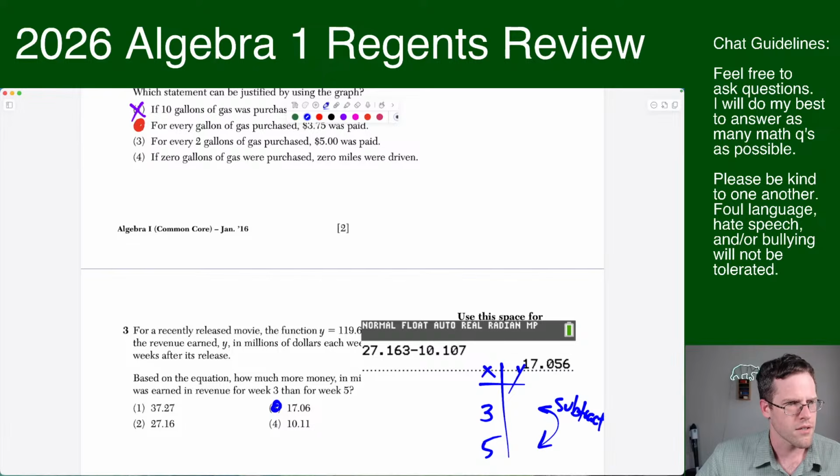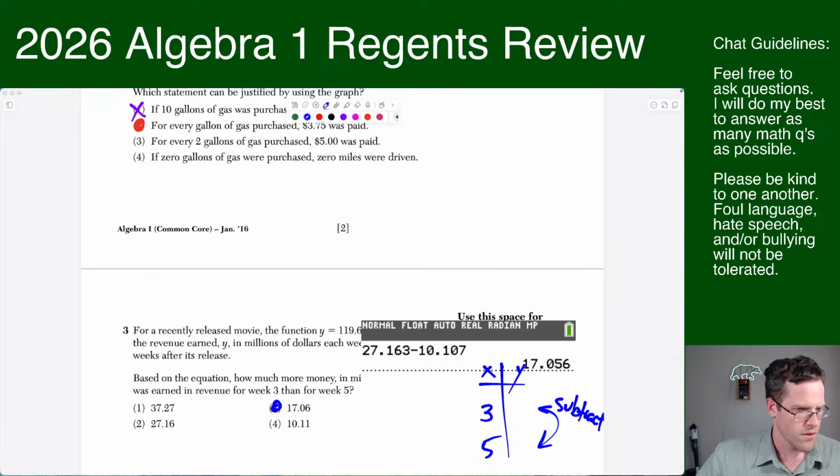Let's see. There seems to be some, wait, a few people are, yeah, so hang on. I'll do this for everyone. I'm not going to change Regents, but there seems to be a little buzz about which regions people want to see. So this is what I will share in the chat.